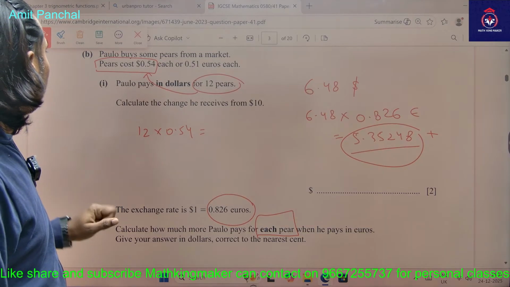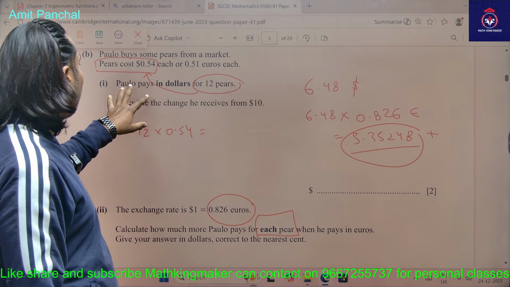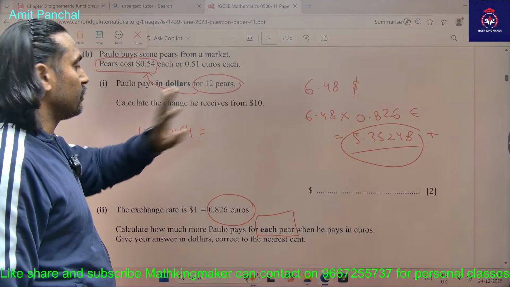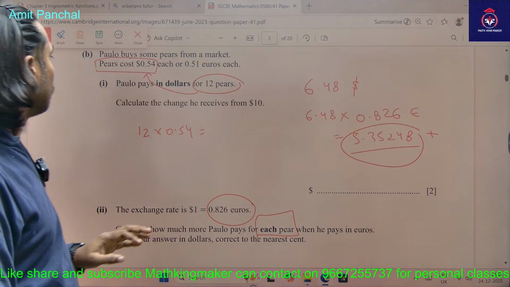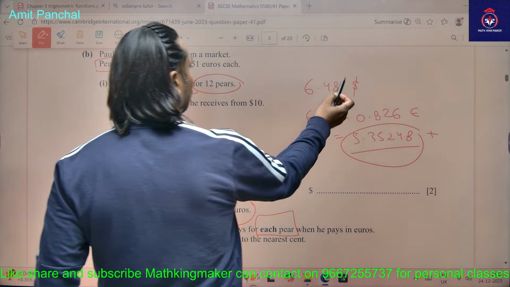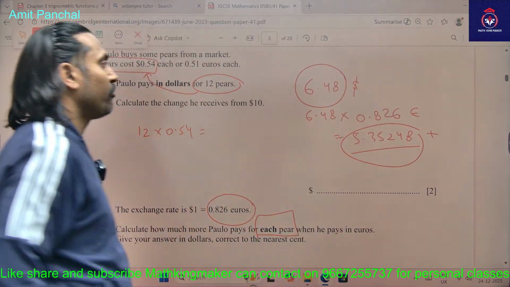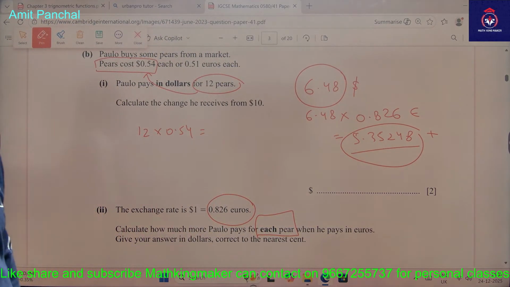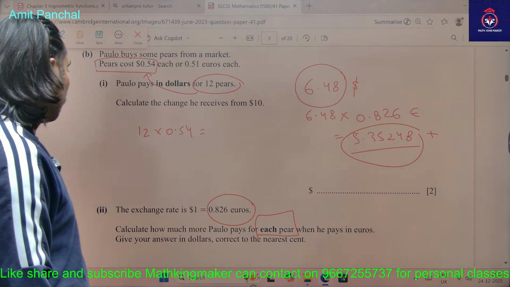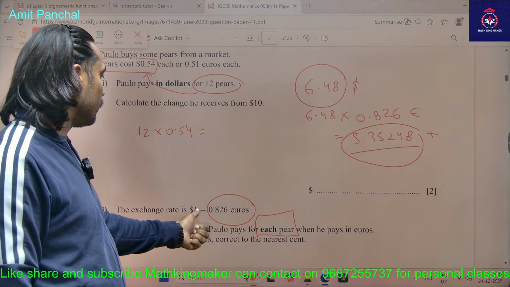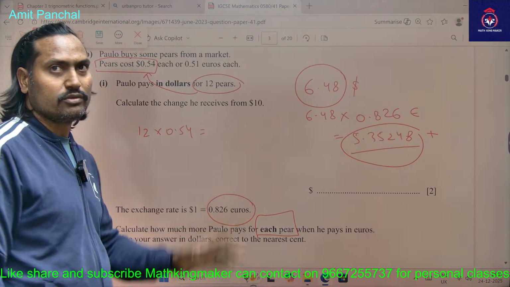See, Paulo pays in dollars for 12 pears. So that much in dollars, you have paid 6.48. Okay. Now the question says the exchange rate of $1 is 0.826 euros.